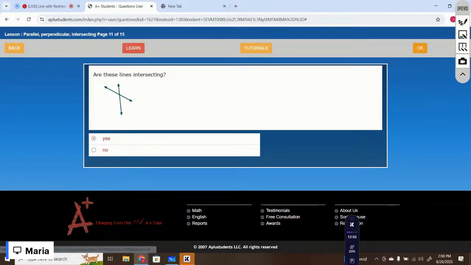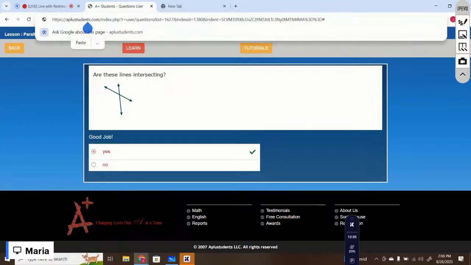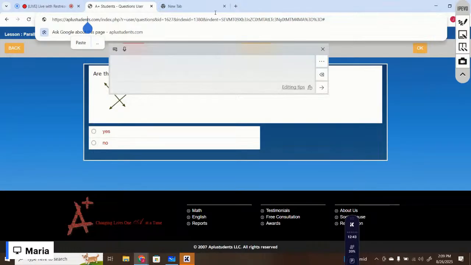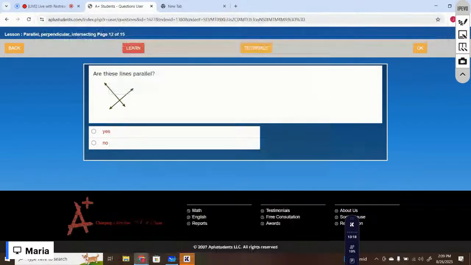Yes, they are intersecting lines. Are these lines parallel?